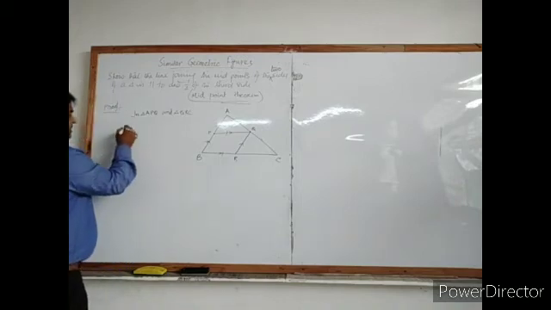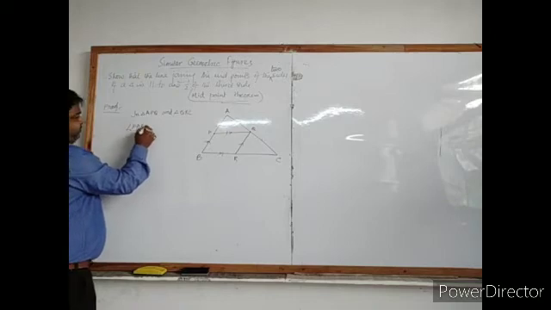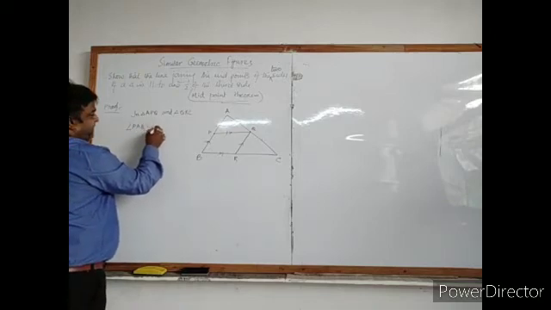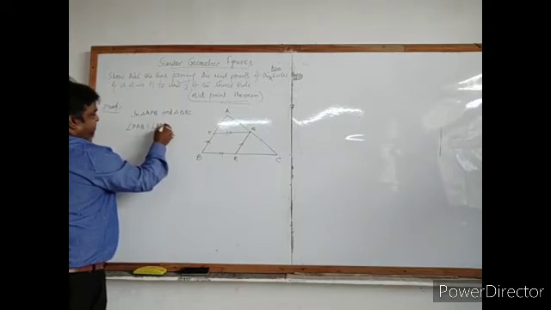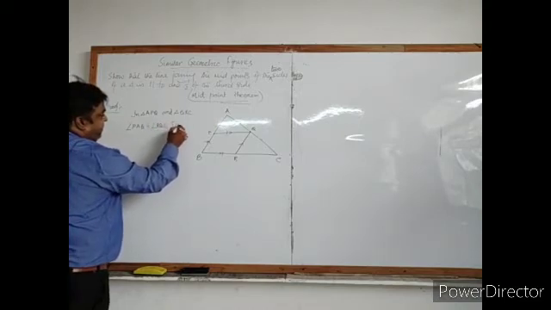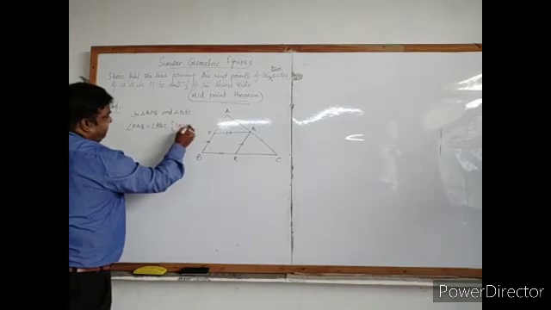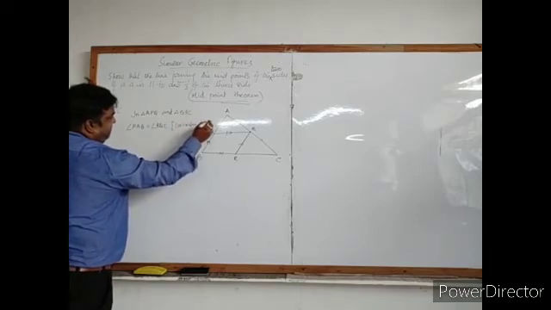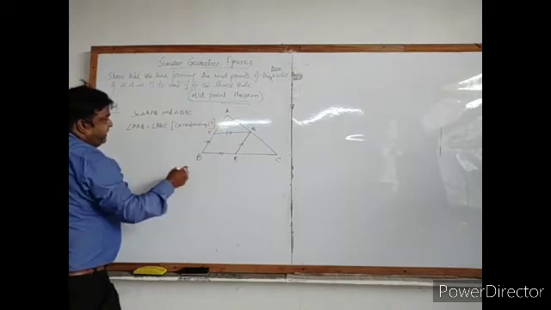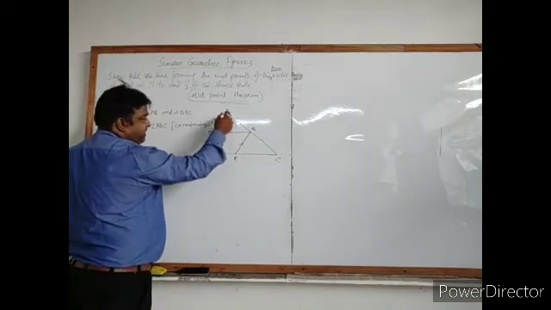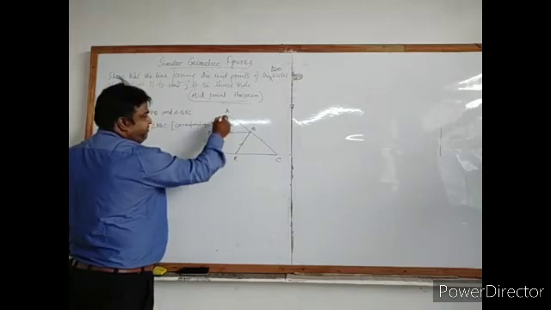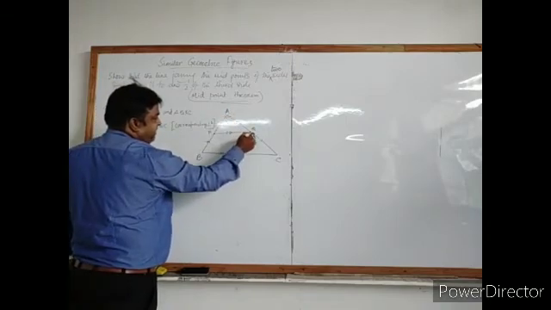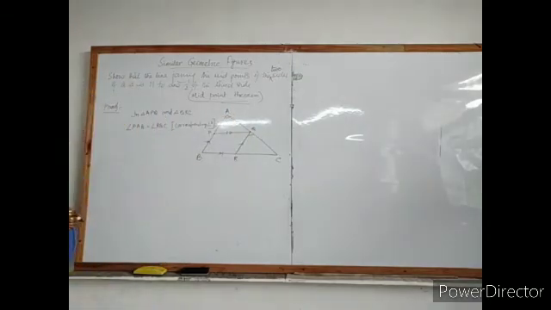Angle PAQ equal to angle RQC, corresponding angles. Corresponding angles, because already by construction this one is parallel to this one, so here this angle and this angle are corresponding. Okay?